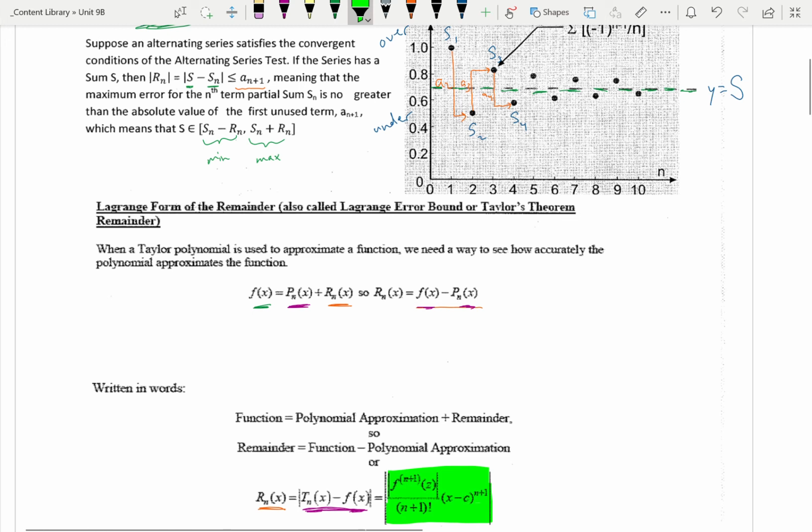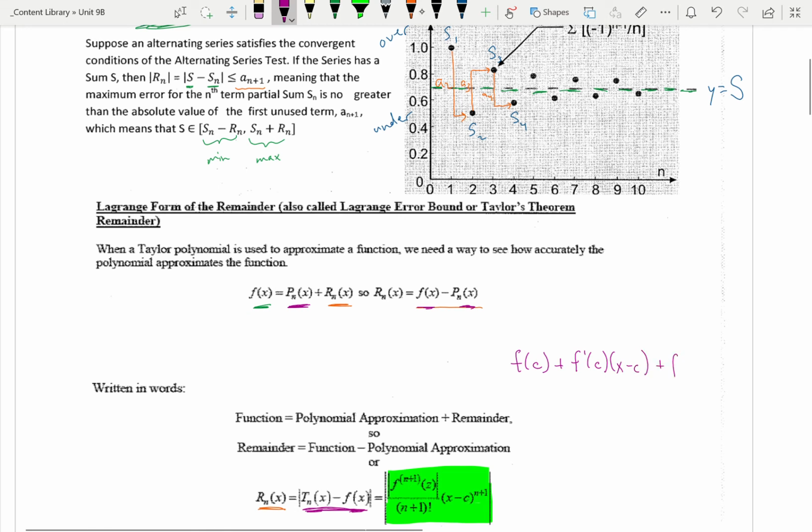If you recall, Taylor polynomials are built by taking the f of, I guess it would be f of c, right? Plus f prime of c times x minus c, right?